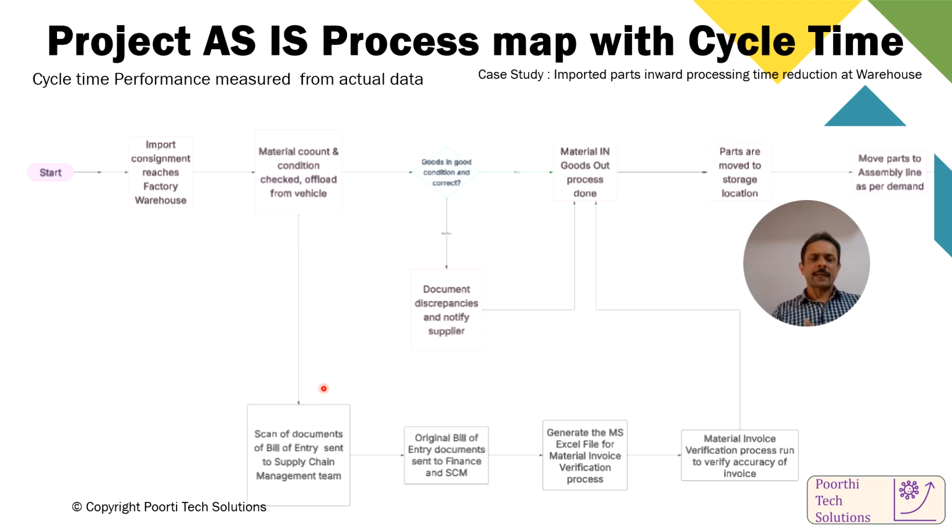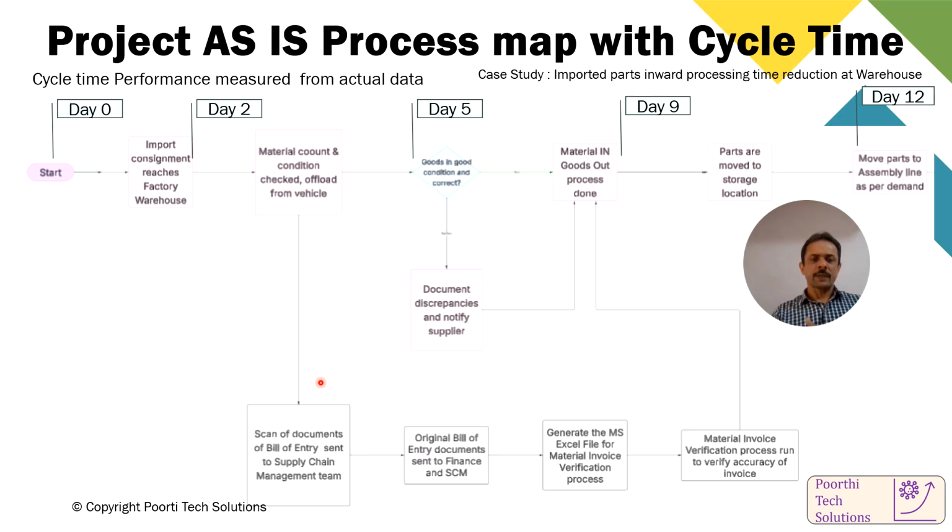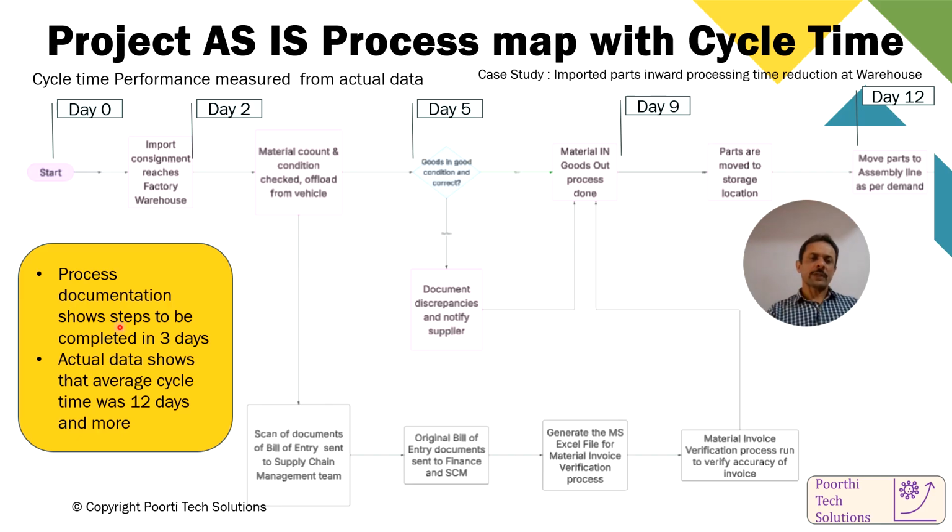When they mapped the timelines, they realized the actual process was taking anywhere up to 12 days. The average was working out to 12 days instead of the intended 1 to 3 days. As we said, it's supposed to take 3 days, and the average is showing up as 12 days.